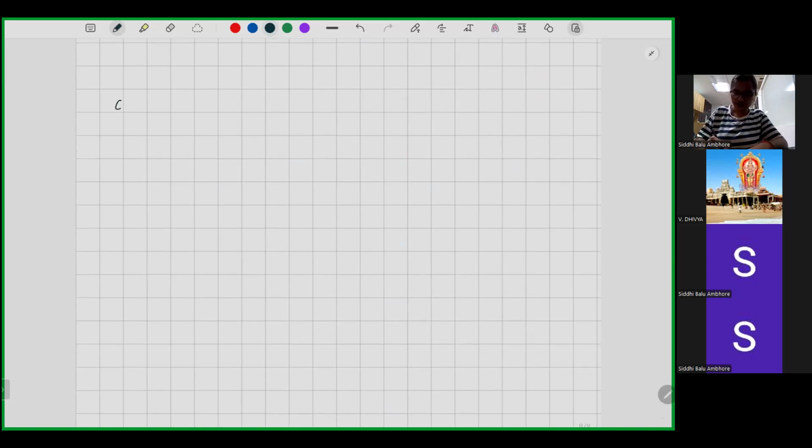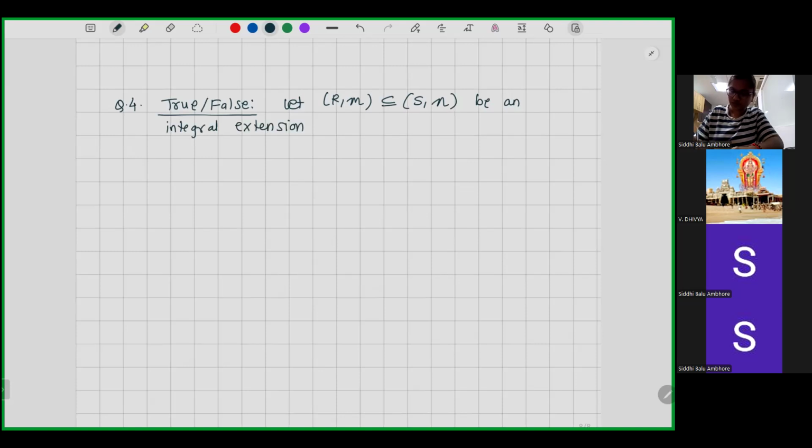So, question 4. Again, true or false. Let (R, m) be an integral extension. When I write (R, m) like this, it means that these are local rings. So (R, m) contained in (S, n) is an integral extension of Noetherian local rings.